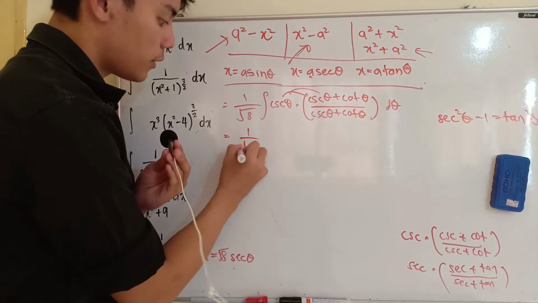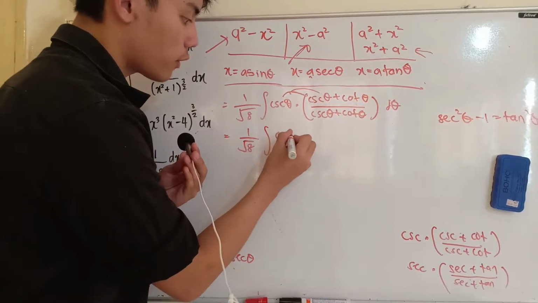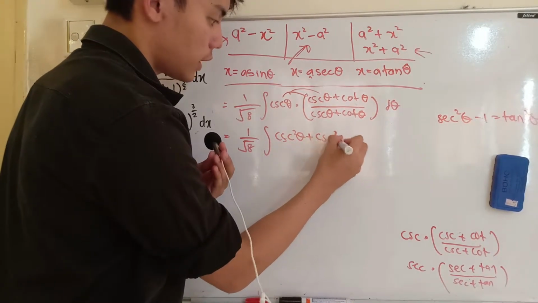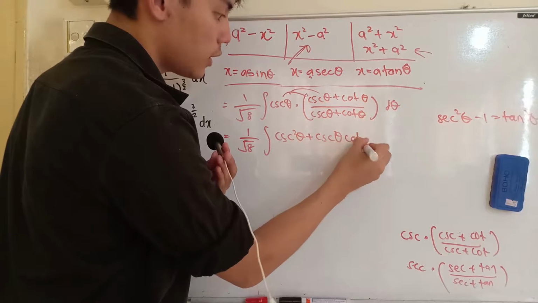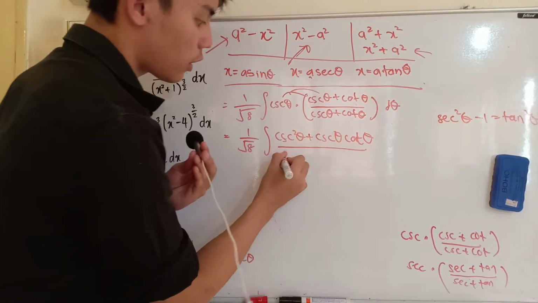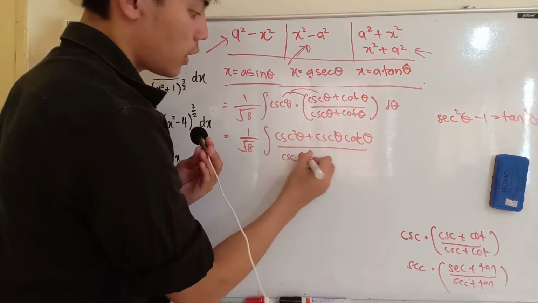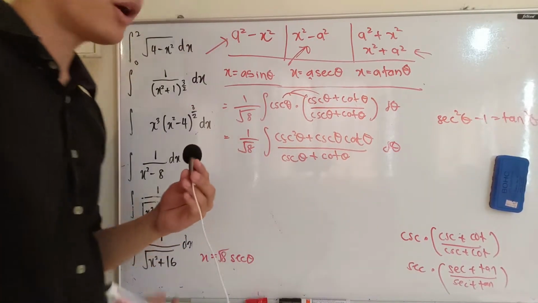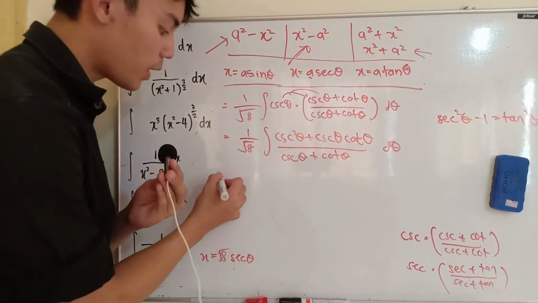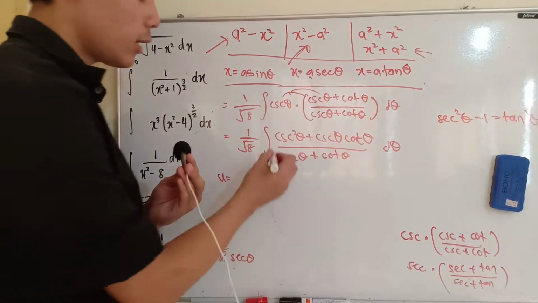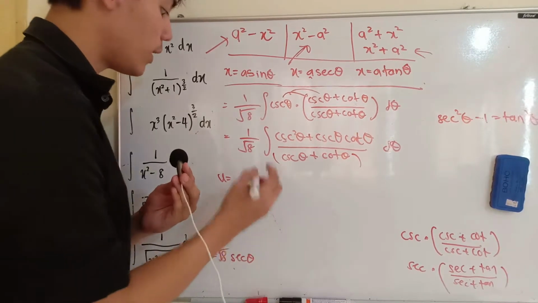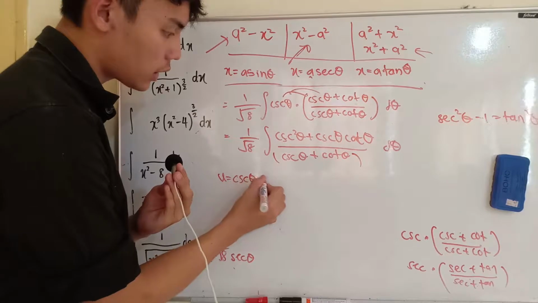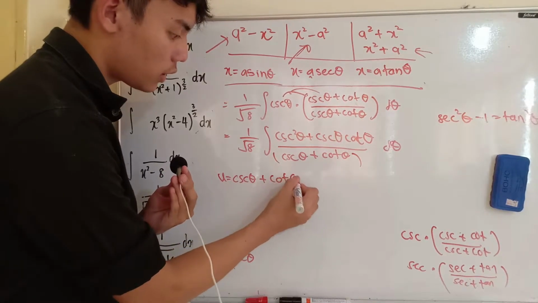You're going to have cosecant squared theta plus cosecant theta cotangent theta over cosecant theta plus cotangent theta d theta. Then you're going to let u be equal to your denominator, which is cosecant theta plus cotangent theta.